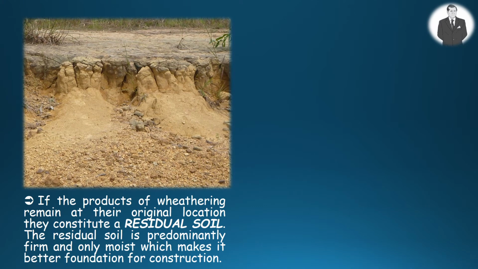If the products of weathering stay at their original location, they form a residual soil. The residual soil is predominantly firm and only moist, which makes it a better foundation for construction.